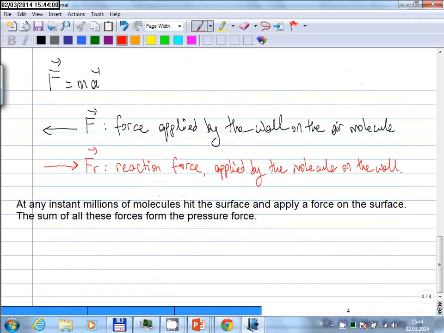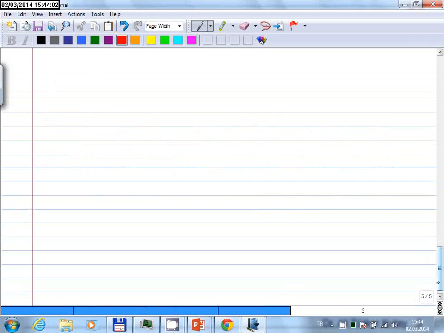But the thing is, if the surrounding gas is stationary, is steady, then these pressure forces are the same at every point on the surface, and then they cancel each other out. So there's no net force. The total of these forces becomes zero.